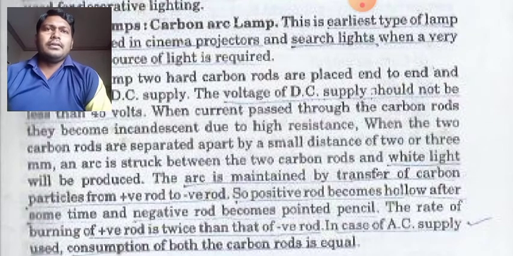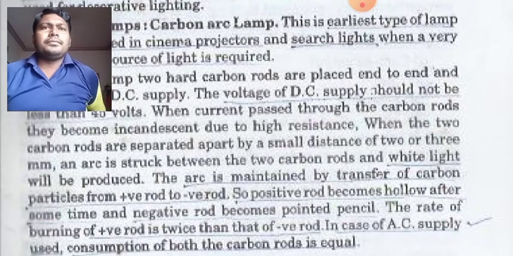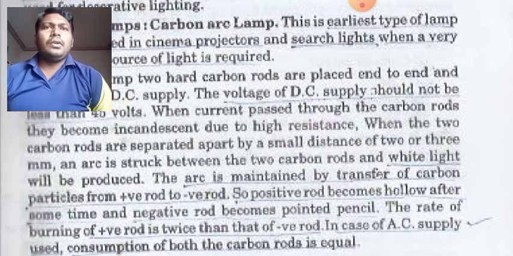The negative carbon rod will have a pencil-tip-like formation, whereas the positive carbon rod will be hollow.